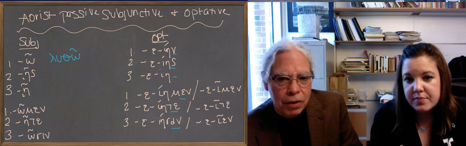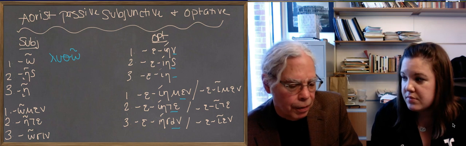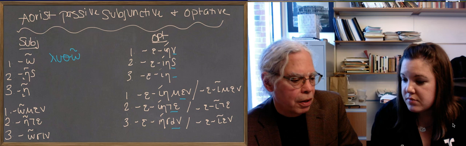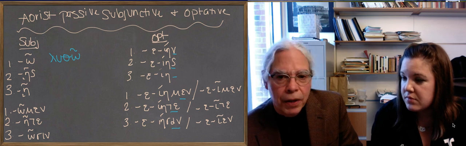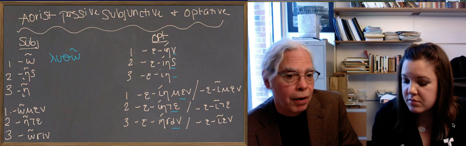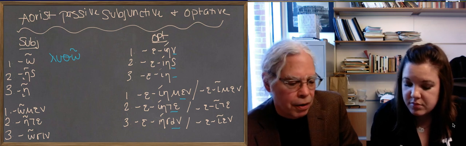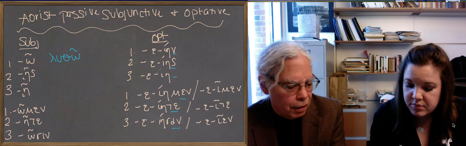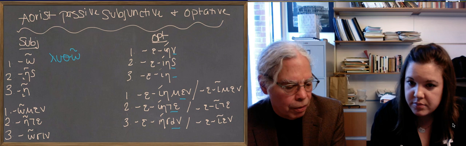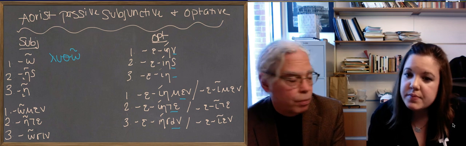Okay, what distinguishes them is that the theta eta, which is the sign of the aorist passive indicative, becomes a theta epsilon or a plain epsilon in the optative. Okay, so the epsilon there is a distinctive sign of the optative, and it makes it clear what's going on with these verbs and distinct from other forms of the verb.